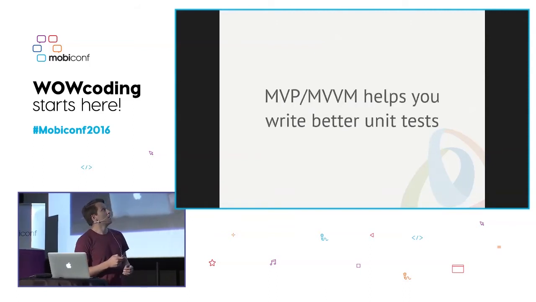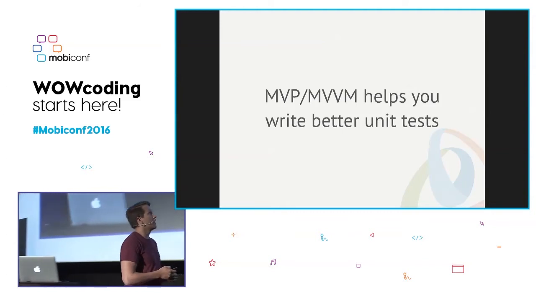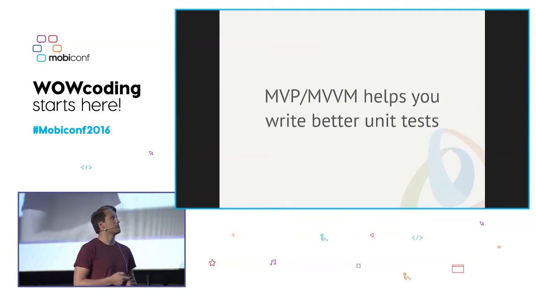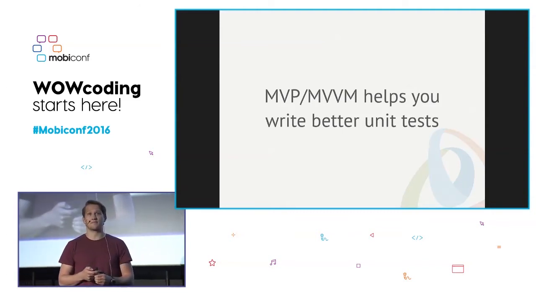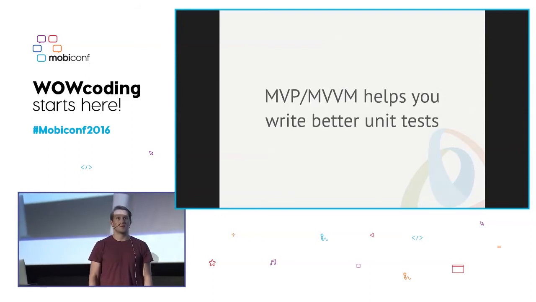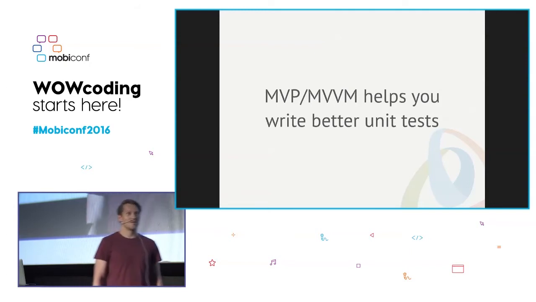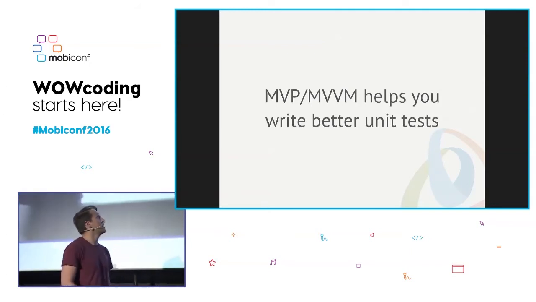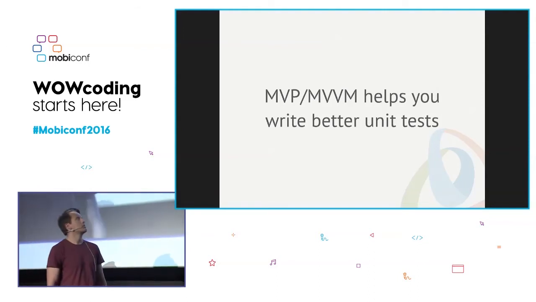So, MVP, MVVM helps you write better unit tests. Do you think it's right or not? Who thinks that it's true? Okay, I think that it's not true. It's a pattern on the UI side of our apps.